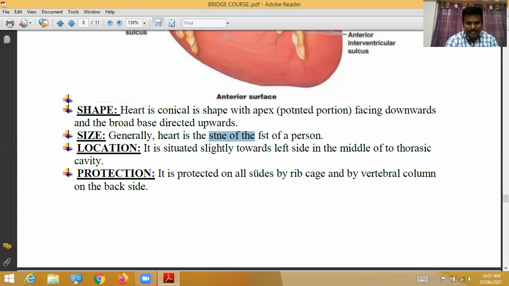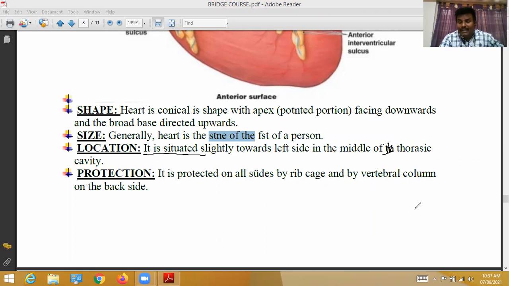Next, the location of the heart. The heart is slightly towards the left side in the middle of the thoracic cavity. People generally think the heart is located on the left side, but it is not; it is towards the left side, in the middle of the thoracic cavity.